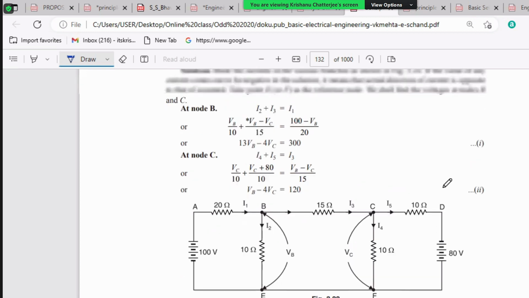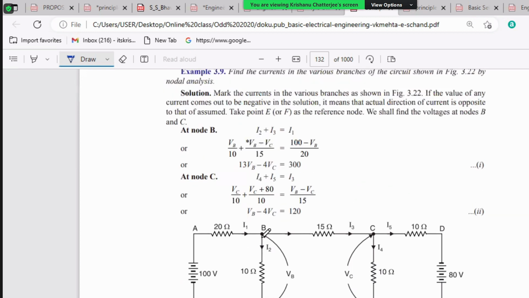Okay. So current at B, I1 equals I2 plus I3. What is I1? I1 equals 100 minus VB, right? 100 minus VB by 20 is I1.